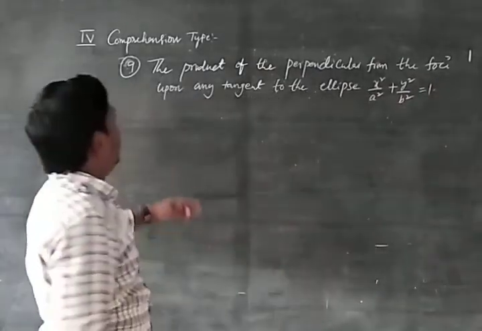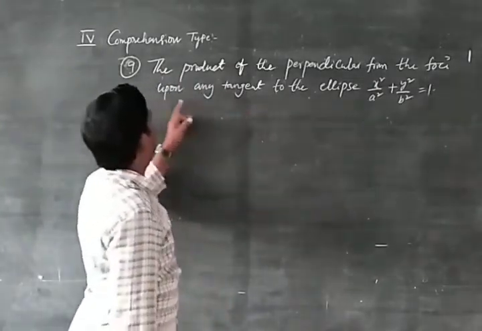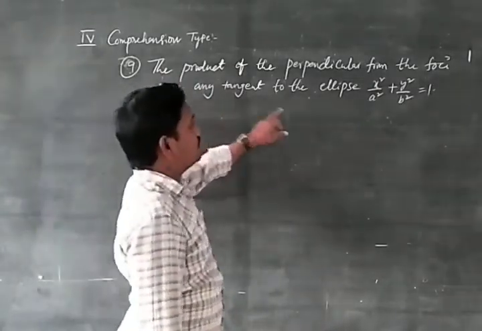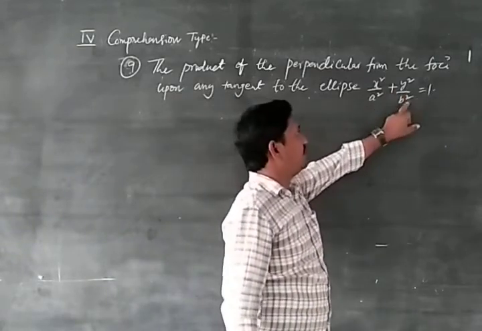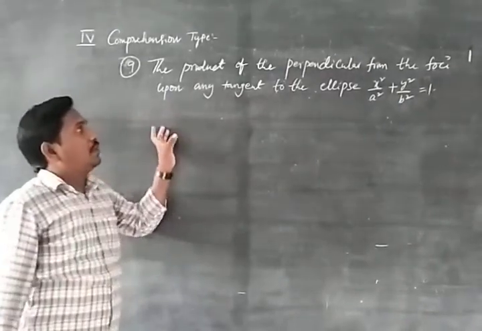Okay, the product of the perpendicular from the foci upon any tangent to the ellipse x square by a square plus y square by b square equal to 1. So we have to find out the product value.